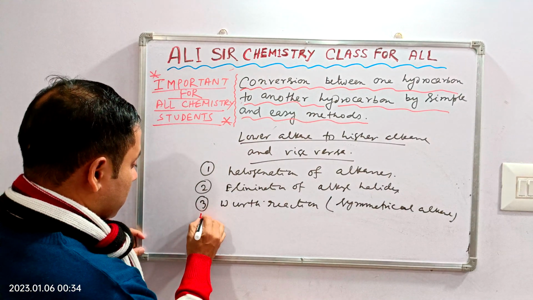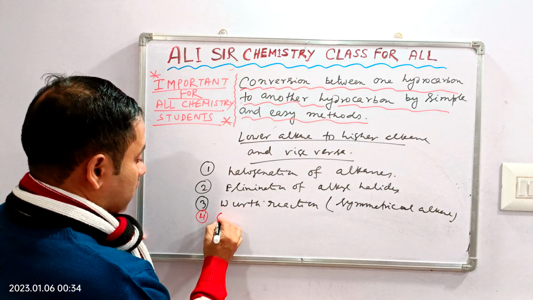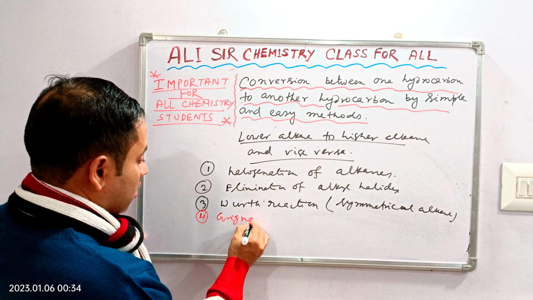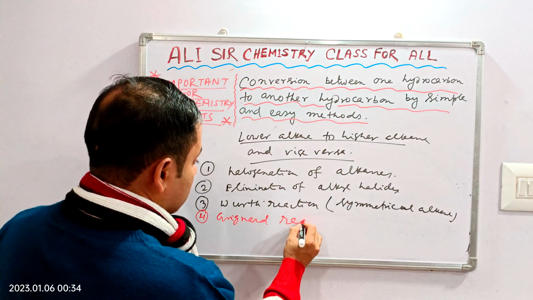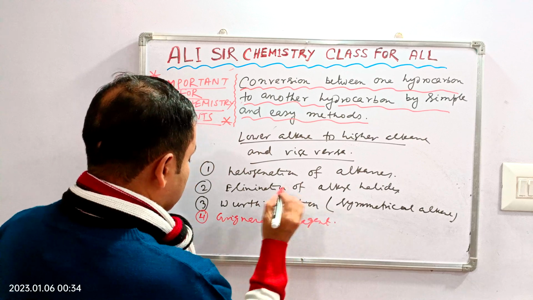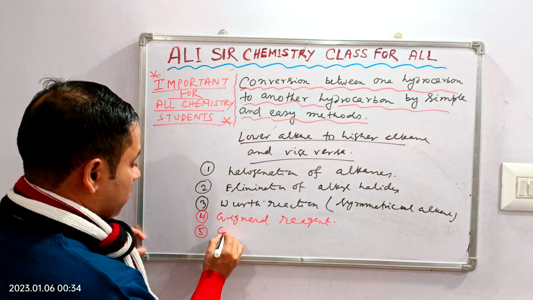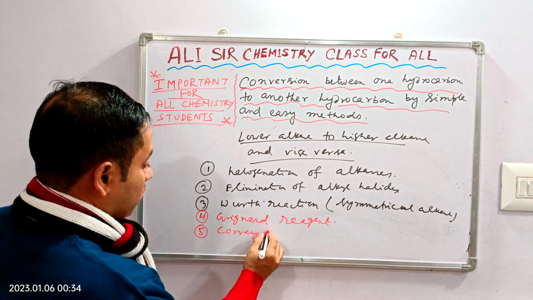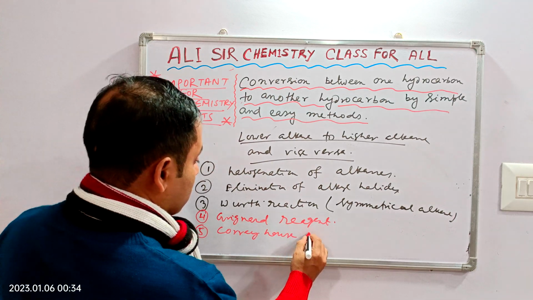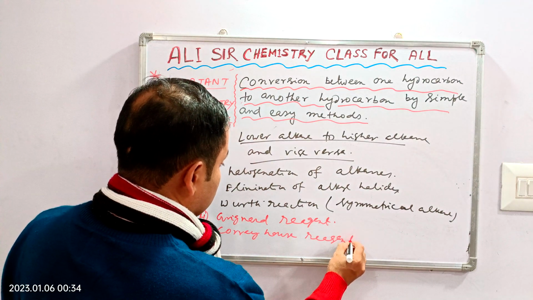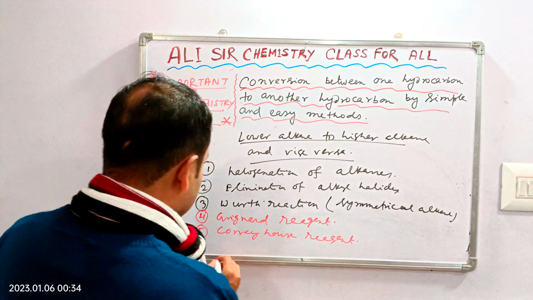Number 4, Grignard reagent. Number 5, Corey-House reagent or Corey-House reaction.